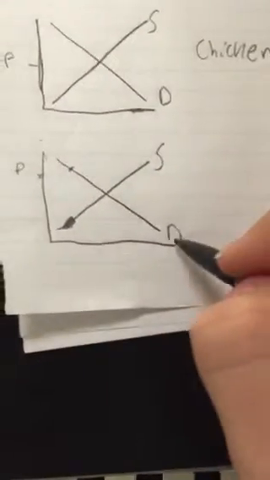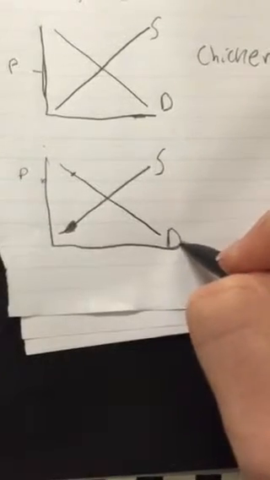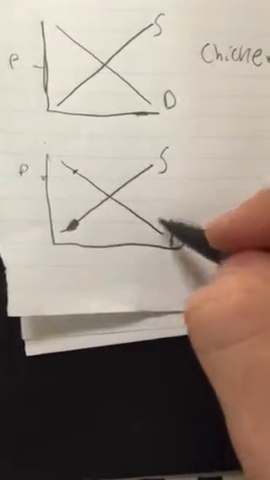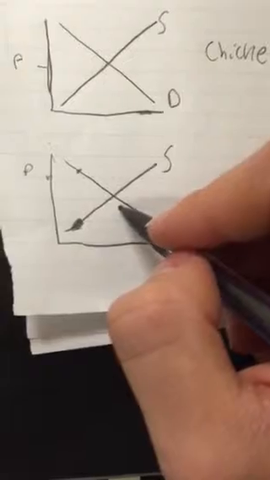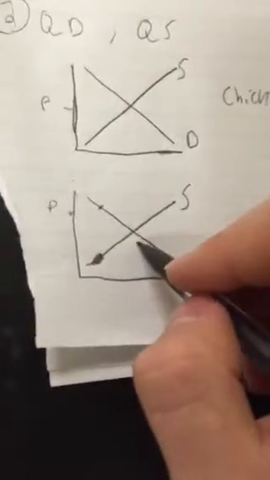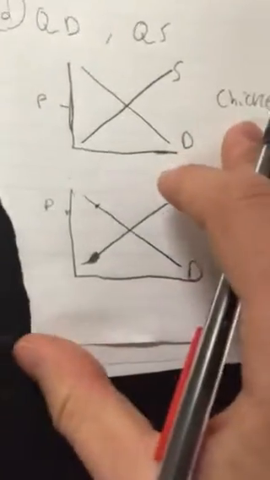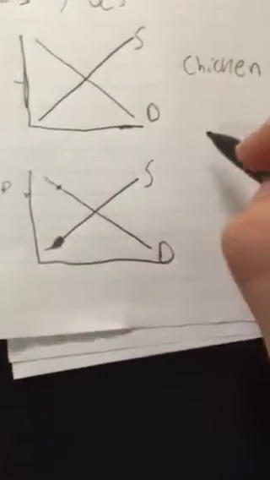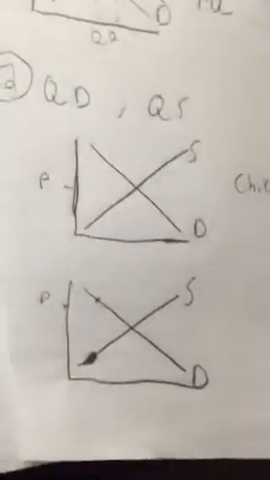So the consumers won't get as much as they want because the producers aren't willing to supply that much for that price. So that's basically quantity demanded, and then quantity supplied is the same concept.